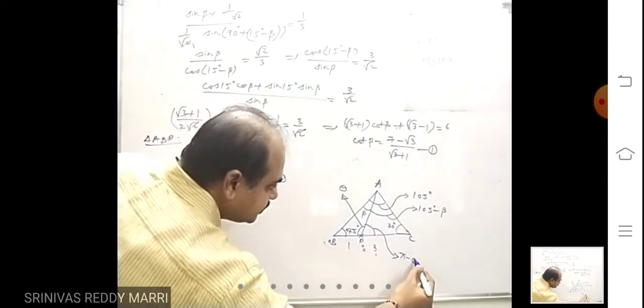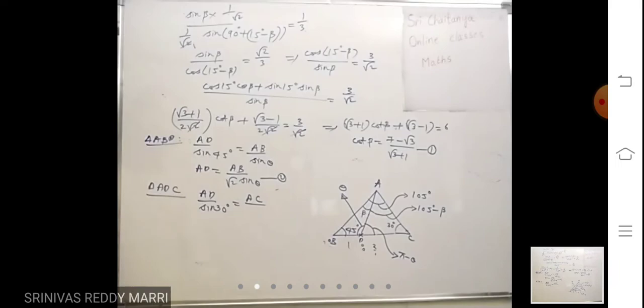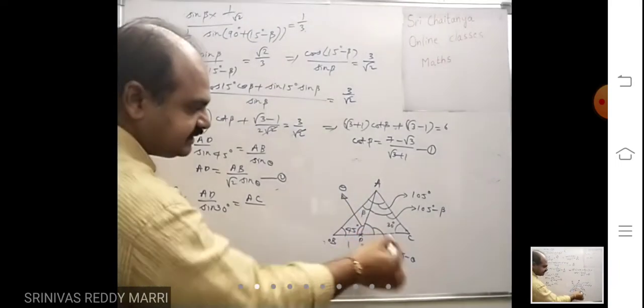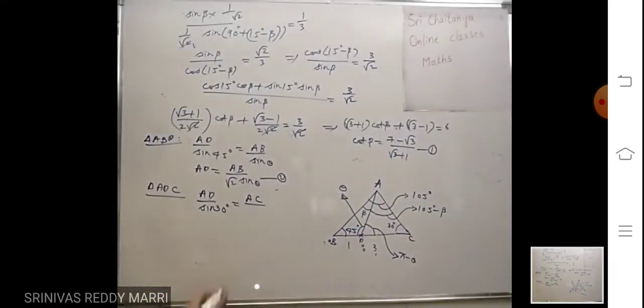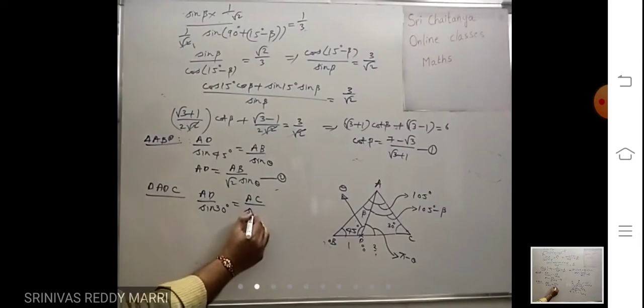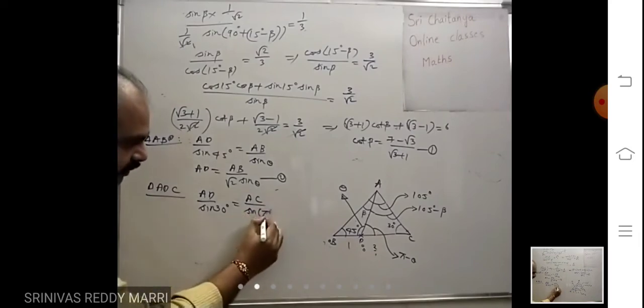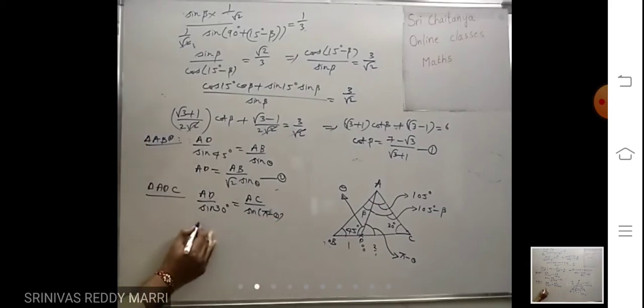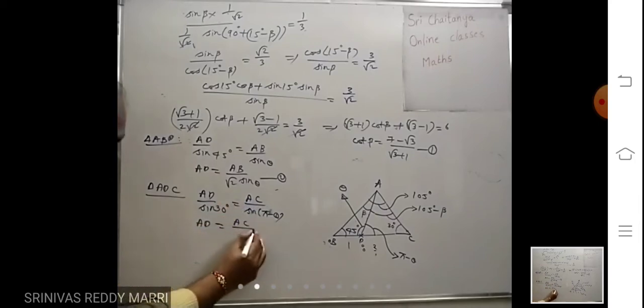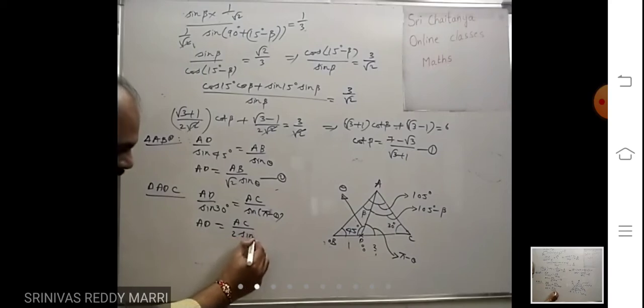Pi minus theta, because this completely is a straight line. That means sine of pi minus theta. Therefore, AD is nothing but sine 30, which is 1 by 2, AC divided by 2 sine theta.